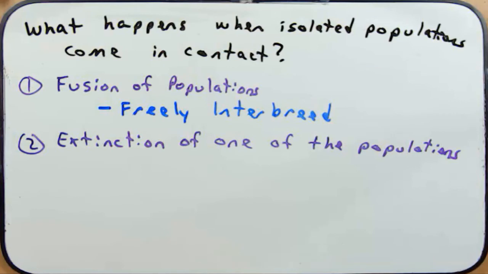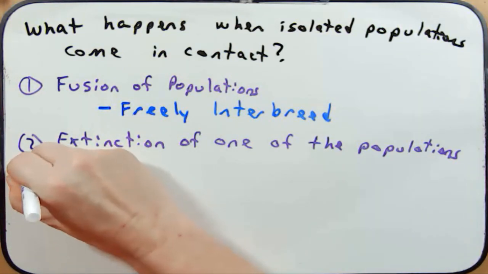If both populations come together and they're competing for the same niche, it's possible that one of them, in fact it's quite likely, will be better at competing in that niche and they will outcompete the other population that came in contact with it and it will become extinct.